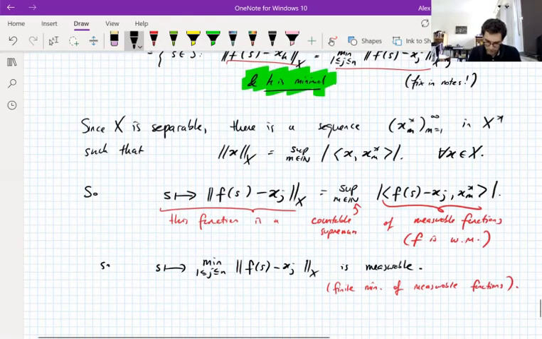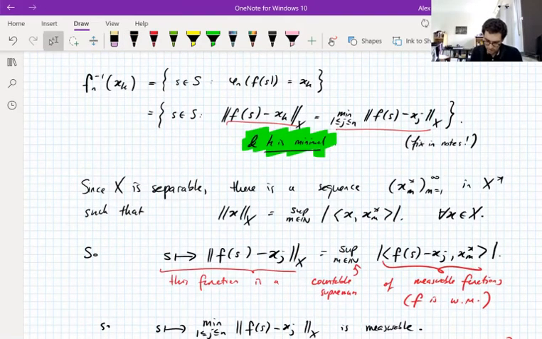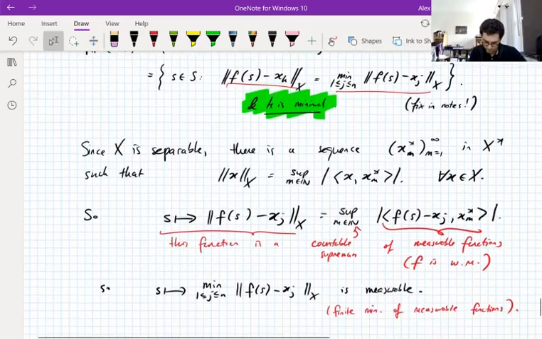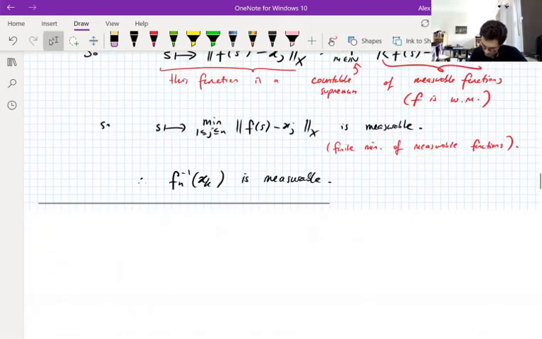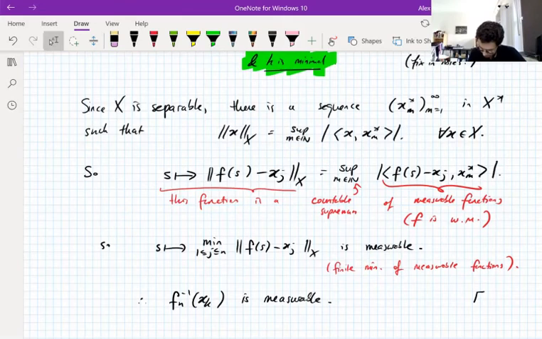So if you look at your definition of this pre-image here, this is just saying that it's a set where one measurable function is equal to another measurable function. So it's measurable. And that was all we needed to show in the end. Okay. It is a bit of a confusing proof.